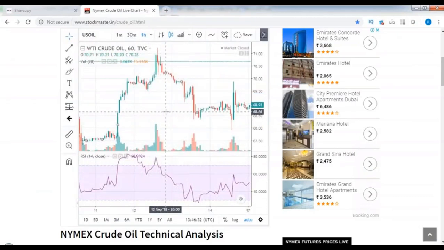So this is 12th, right? As per the international timings, maybe by the time our markets were shutting down, it would have been around 2000 over here, correct? And by the time our markets opened on the next day, do you see there was a fall between 12th and 13th, right?